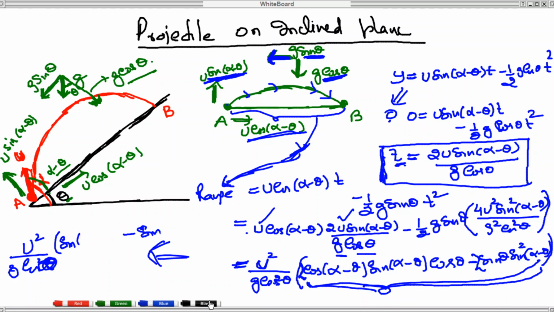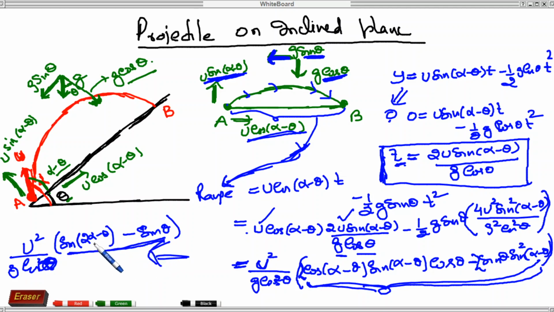If it's not clear, I am going to make it more clear: sine 2 alpha minus theta minus sine theta.